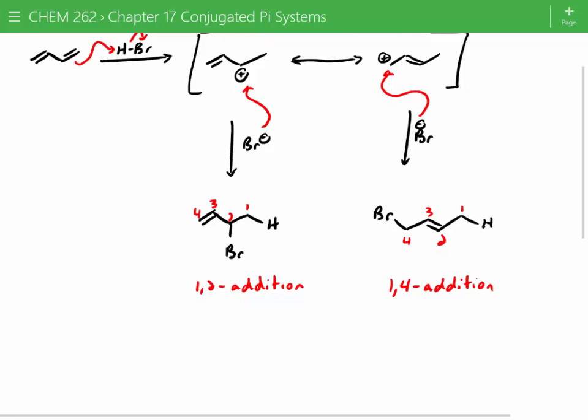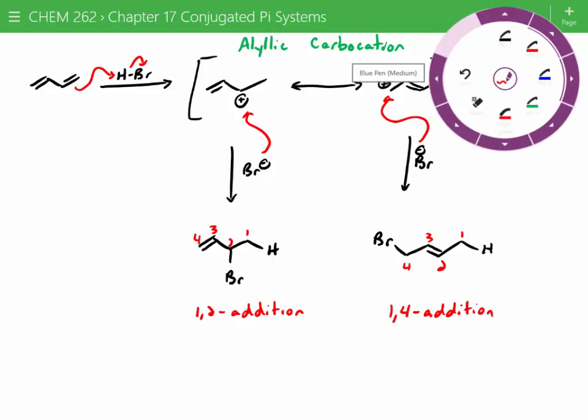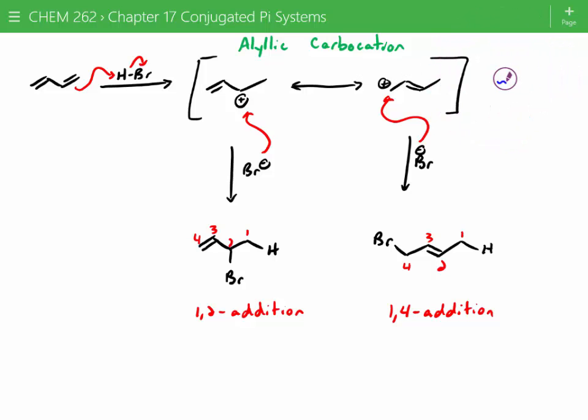Okay, and then let's take a look at the various products here, because this is a nice, simple example. Which alkene is more stable, the one on the left or the right? Right. The one on the right is more stable, and that's because it's di-substituted. So we'll say more stable, thermodynamic product.